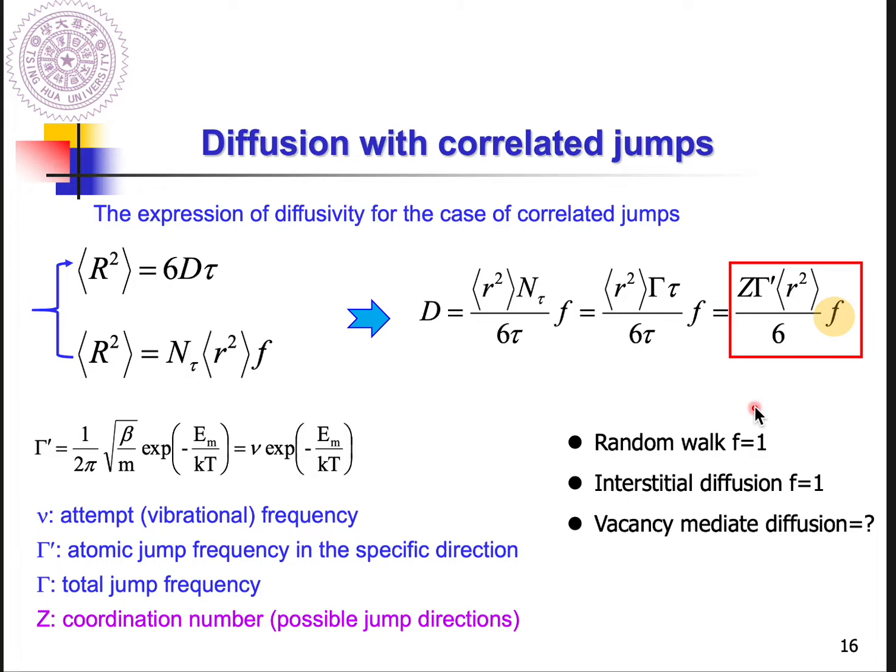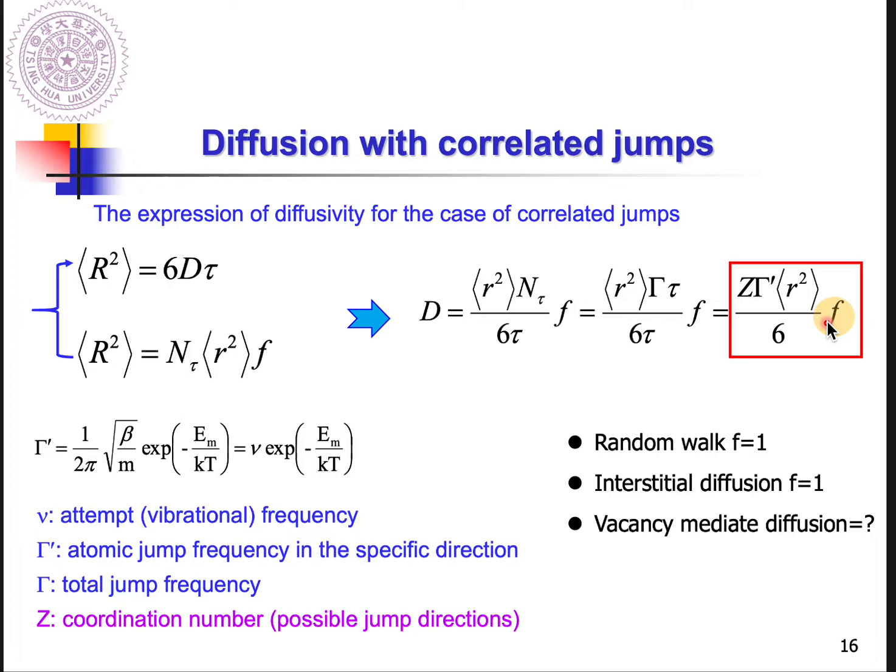And in what kind of situation will F equal 1? For example, if the diffusion process is interstitial diffusion, the atoms can move through interstitial sites. There are no limitations for interstitial diffusing atoms because the diffusing atom can move anywhere, to any interstitial site. So F equals 1.